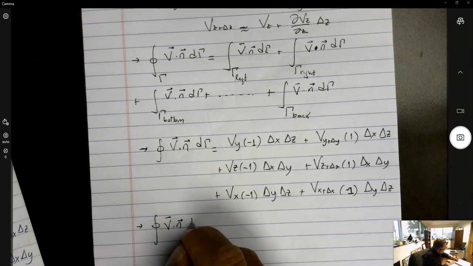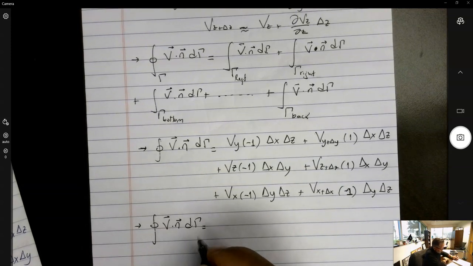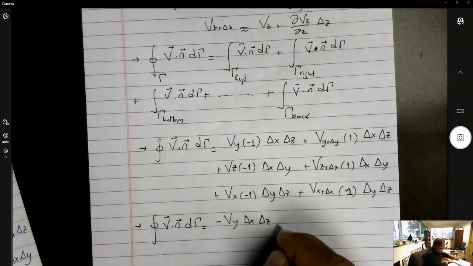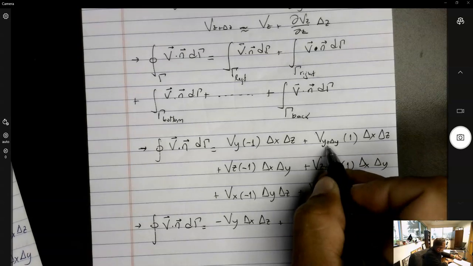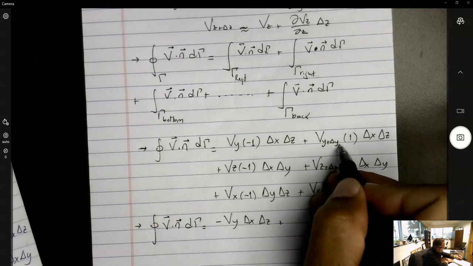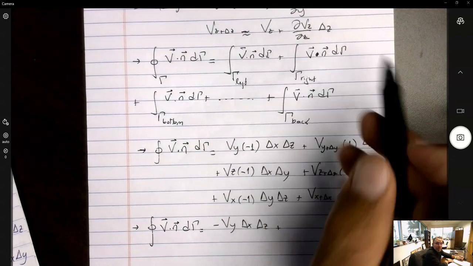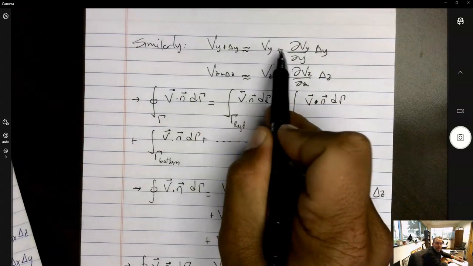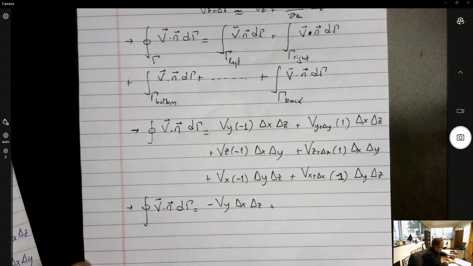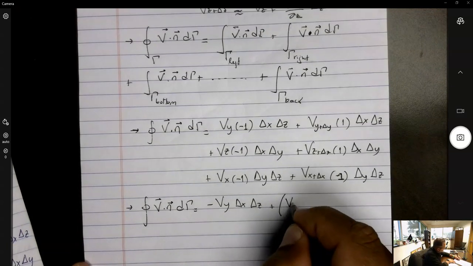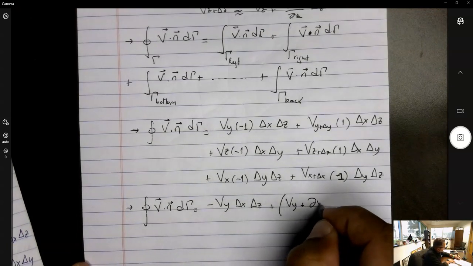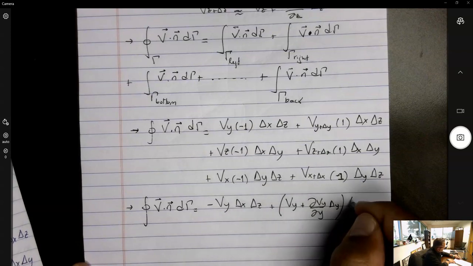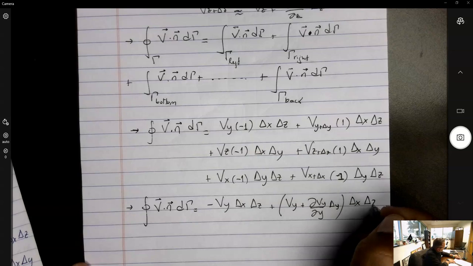V dot n. And this is minus Vy delta x delta z. And we already know what these are. Vy plus delta y, given this approximation up here, is Vy plus dVy/dy times delta y, times delta x delta z.